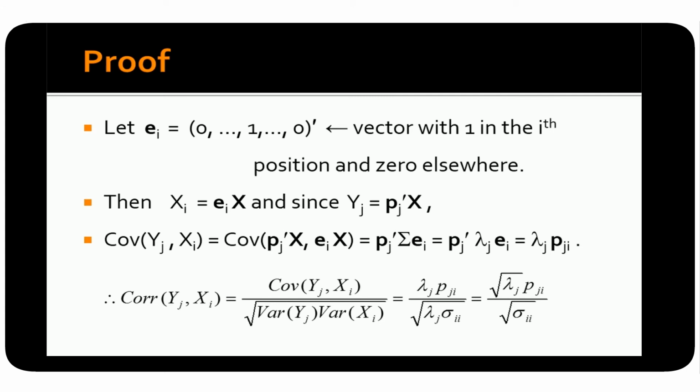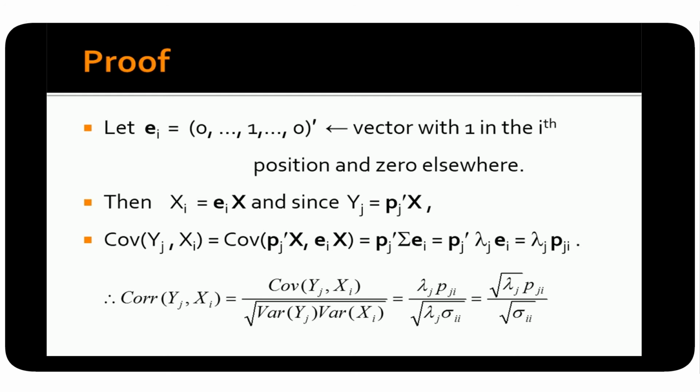And what is e_i prime? It just has one single non-zero element, so it will be picking up the ith element of p_j, which is p_ji. So, now we have the covariance, and similarly we can get the variance of yj as lambda j and the variance of xi as sigma ii.